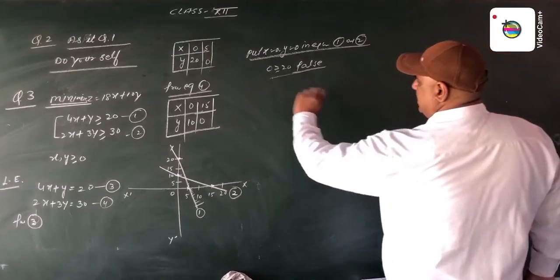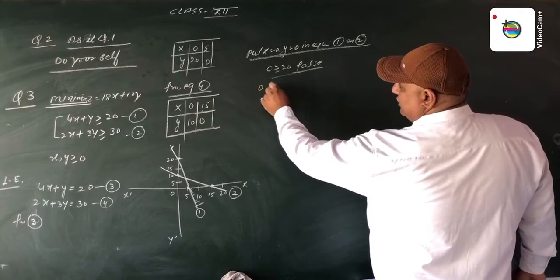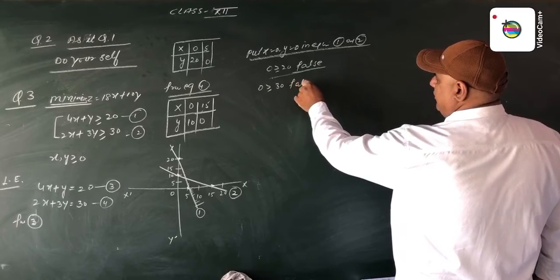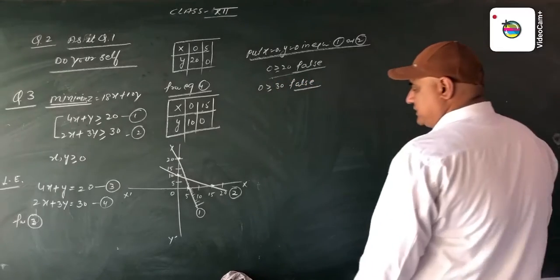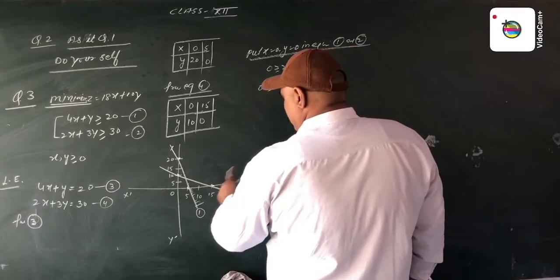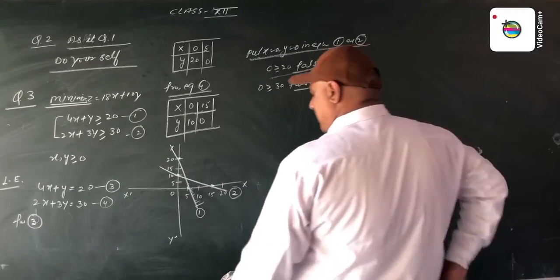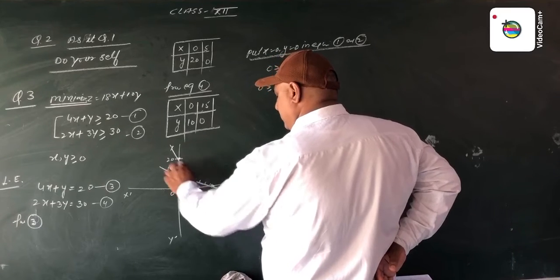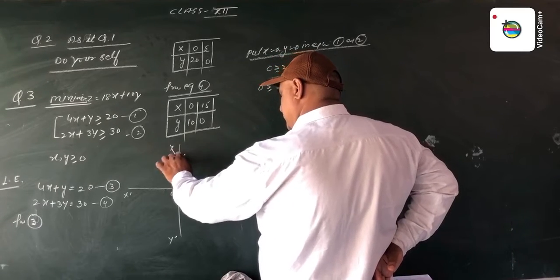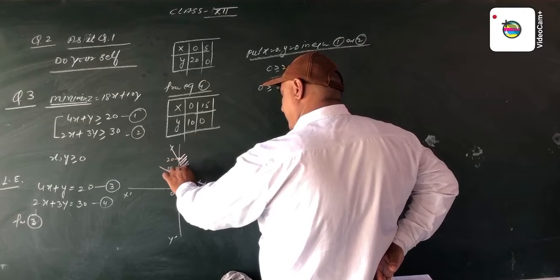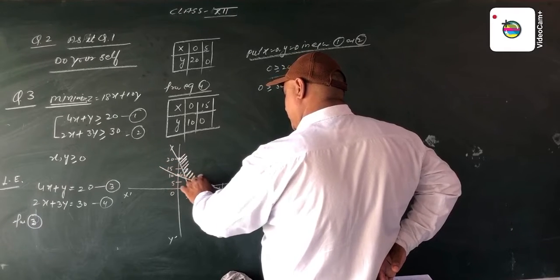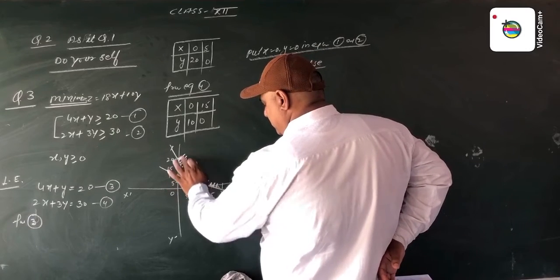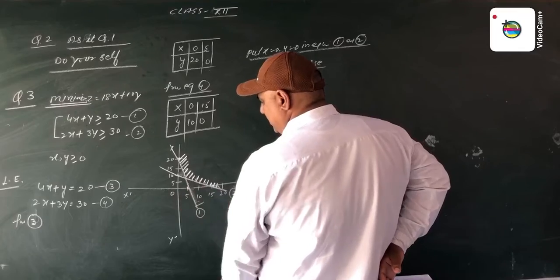This area lies upward, opposite to the origin. In equation second, 0 is greater than or equal to 30, which is also a false statement, so this area is also opposite to the origin. The common area of both inequations becomes like this. We take this area.